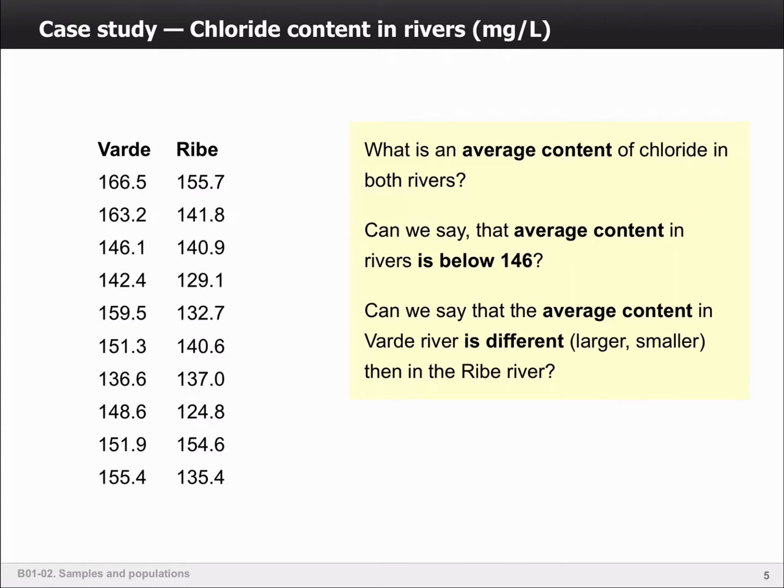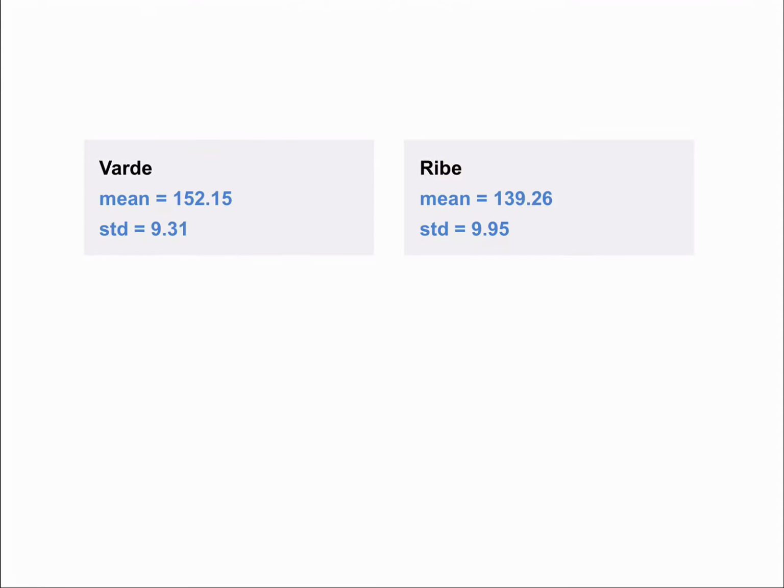And also we would like to know how to compare different populations and different rivers. For example, can we say that one river is more contaminated than the other river? But the answer to this question we will discuss in the next learning sequence, where we will learn how to compare the groups.